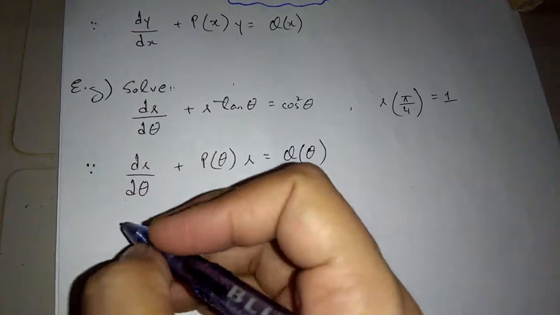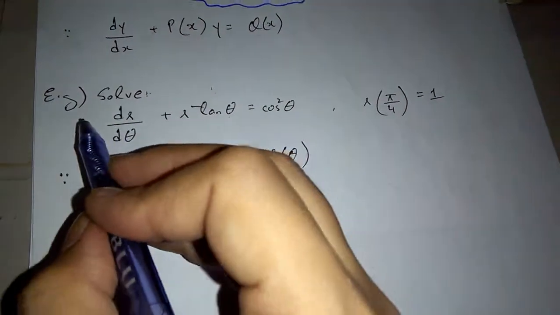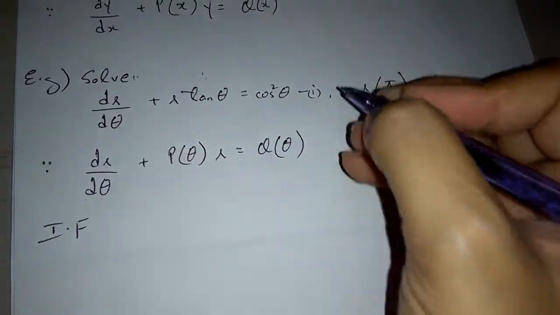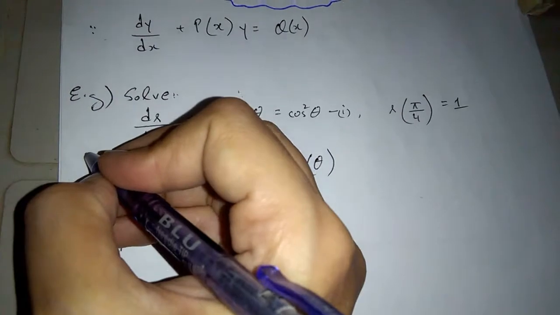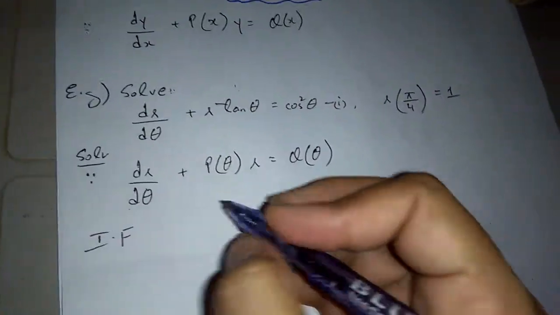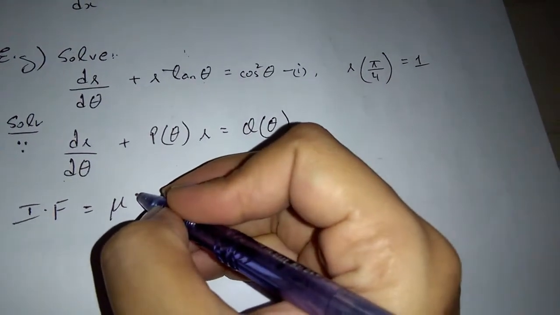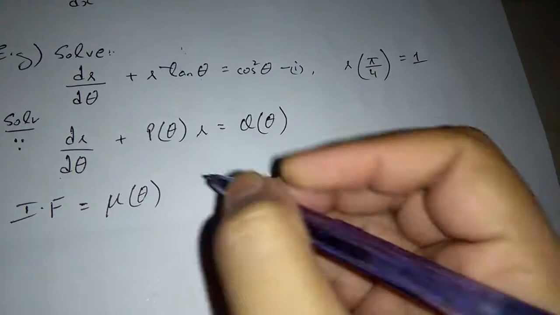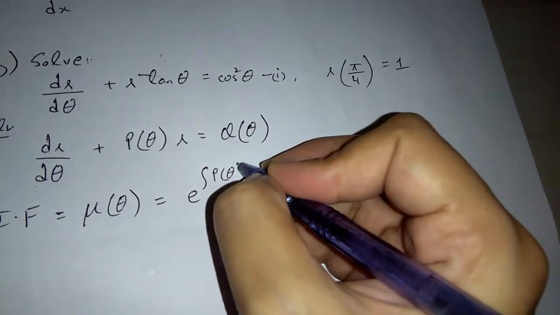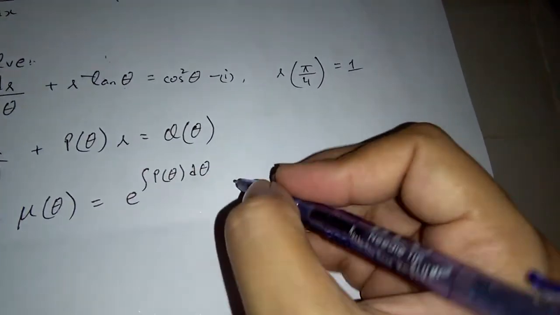As we have discussed in the previous video, the integrating factor is going to be multiplied entirely with this equation, which I just named equation number 1. Over here my integrating factor mu of the independent variable is said to be mu of theta, and it is obtained with the help of this formula.